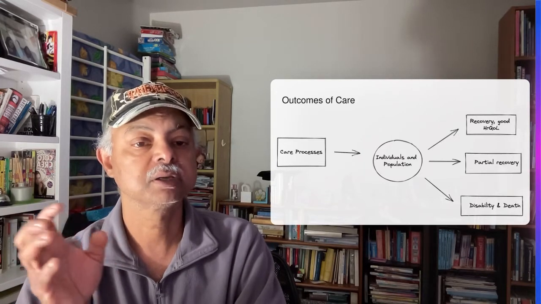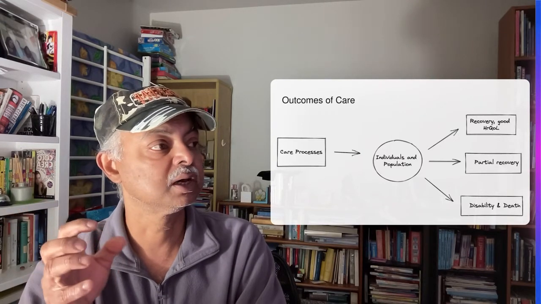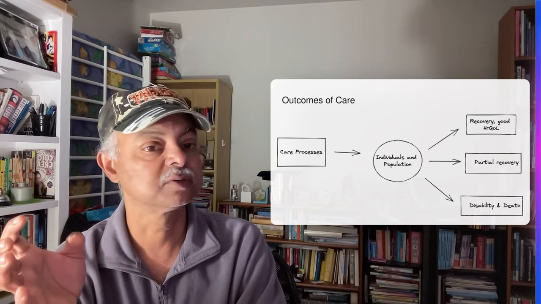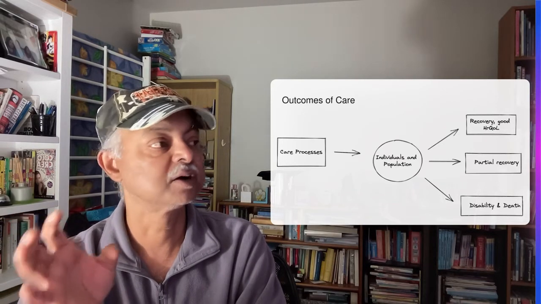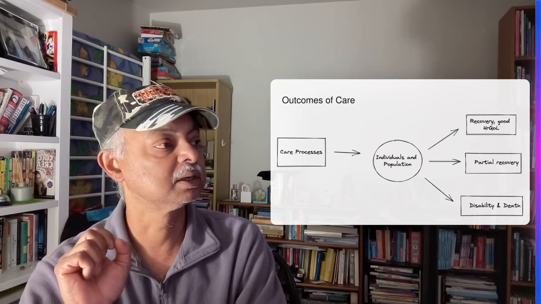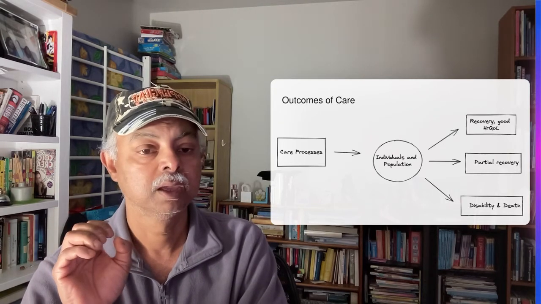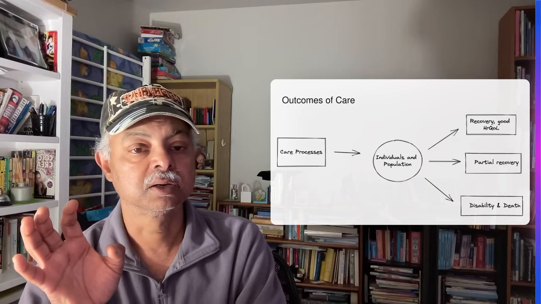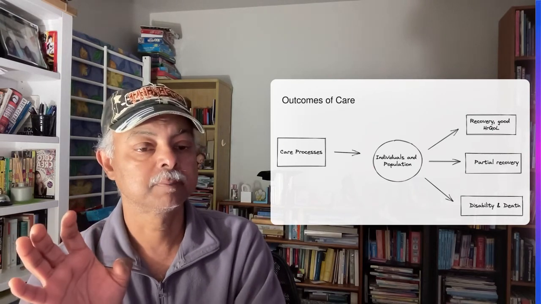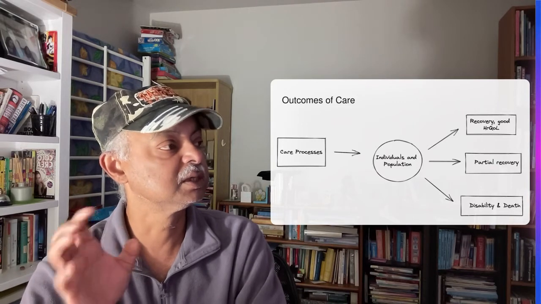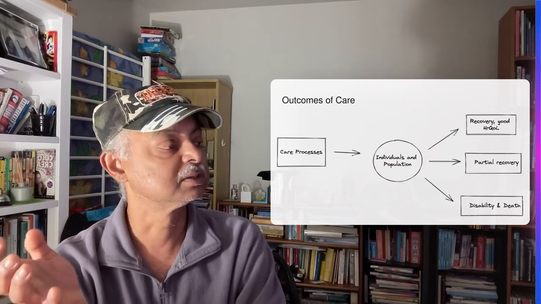Or people make a partial recovery, where there is not an entirely excellent health-related quality of life, but they are functional. At least they can participate in their day-to-day life well. And finally, a care process can leave some people disabled, and some people will die as a result of this. So these will contribute to the burden of disease.